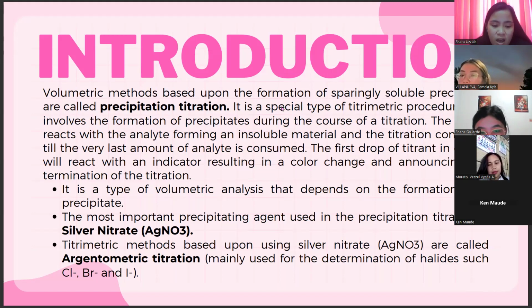And lastly, titrimetric methods based upon using silver nitrate solution are called argentometric titration, which is mainly used for the determination of halides, or the elements within group 7 in the periodic table, which are chloride ions, bromine, and iodine.